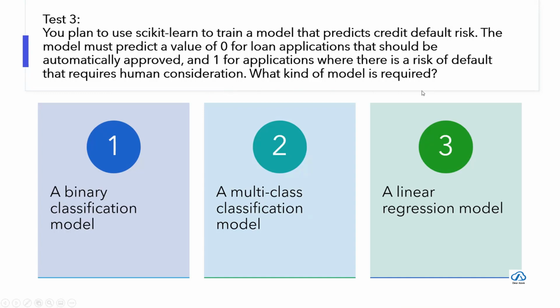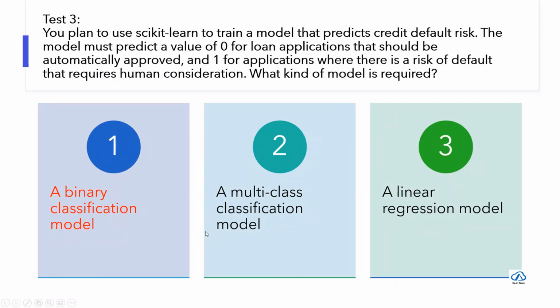What kind of model will you require? It is predicting based on all the data, and the outcome will be 0 or 1. So is it binary classification, multi-class classification, or linear regression? Can anyone answer? Binary. Yes, it is a binary classification because you are predicting between 0 and 1.